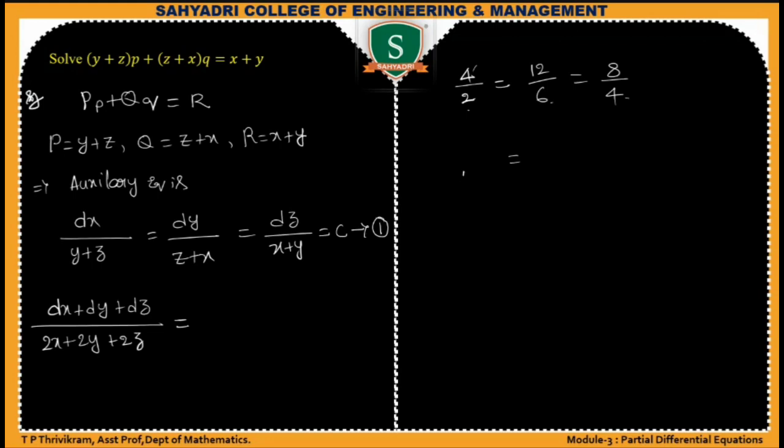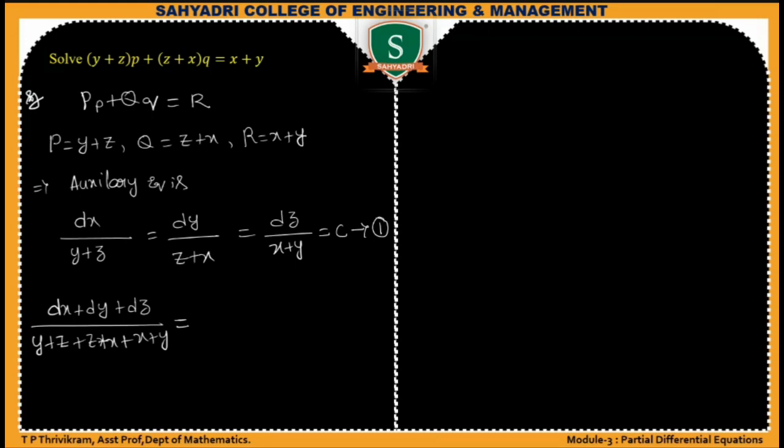We have to sum all the numerators divided by sum of all denominators. So this property I have applied here. If you are not getting it, I can split it and write. Here what I did is y plus z plus z plus x plus x plus y. So this also can be done.